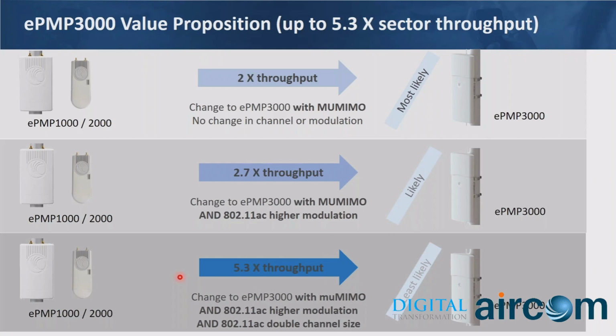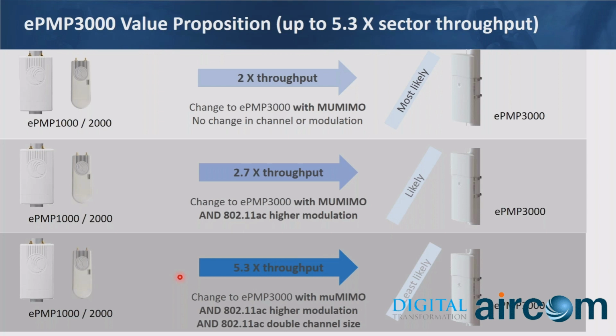Then lastly, the least likely feature that will help to multiply your capacity is the increase in channel size from 40 megahertz to 80 megahertz. Because the channel size has doubled, all these things combined would be able to give you up to 5 times the throughput that you were getting on ePMP 2000.